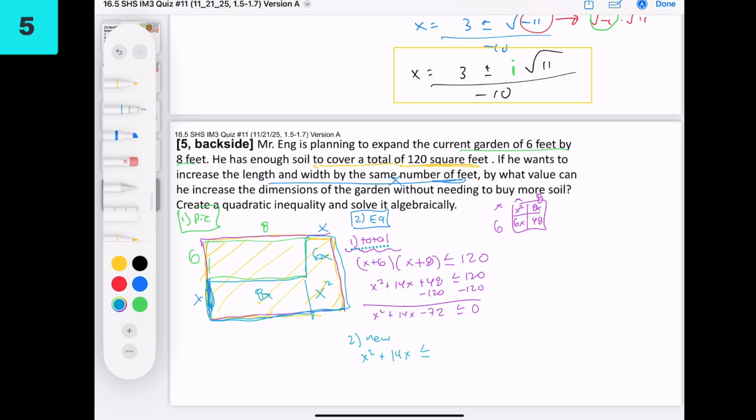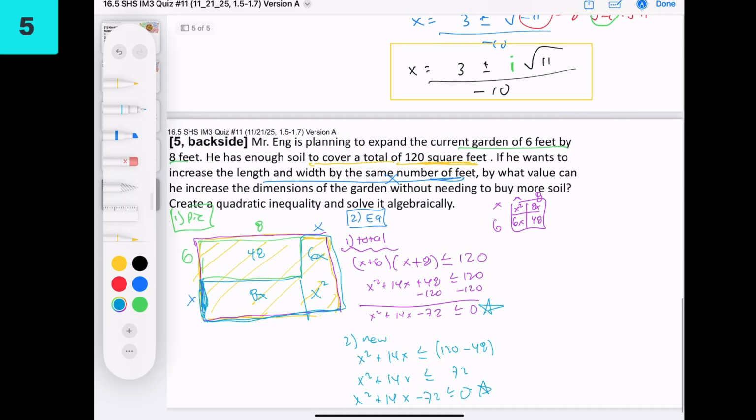The area is not 120, it's 120 minus 48, which gives us 72. And you subtract it, and you essentially get the same equation. So whether you do the purple or the blue, you can get the same.